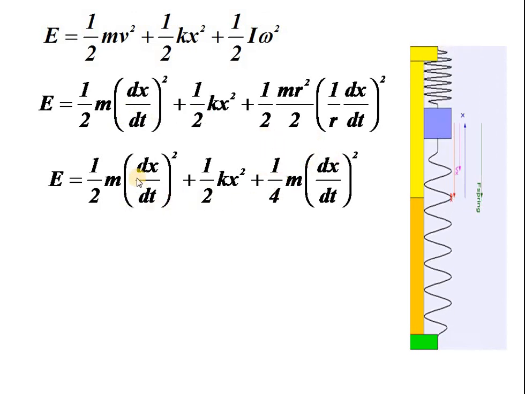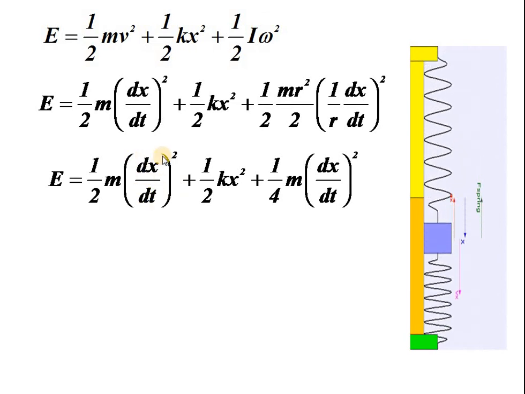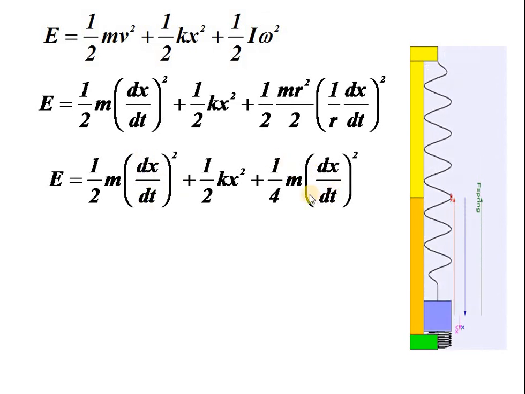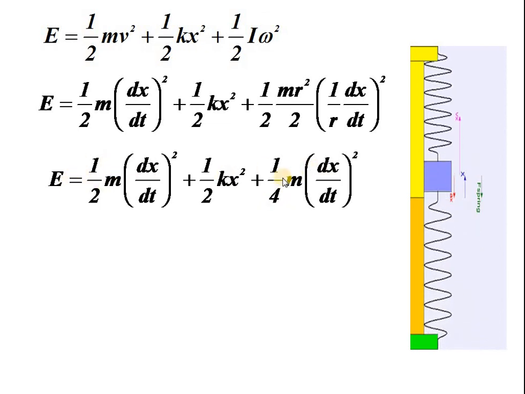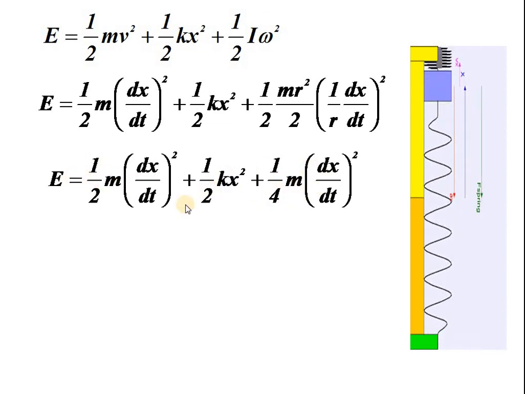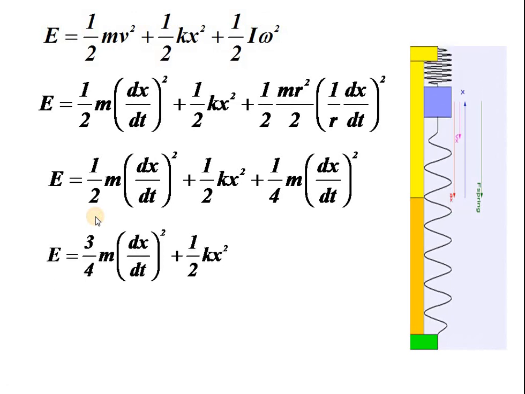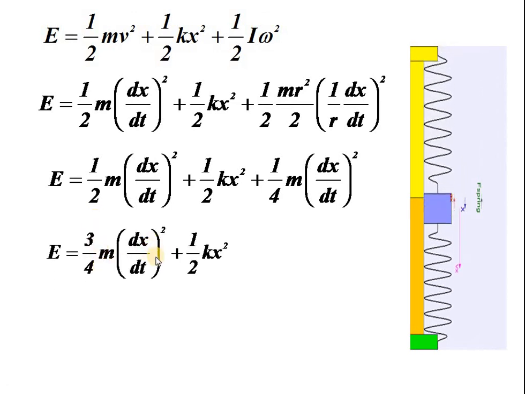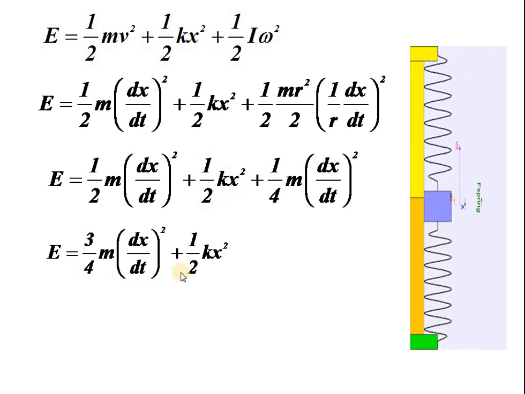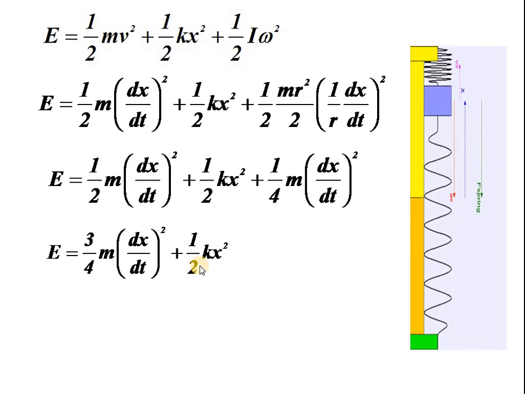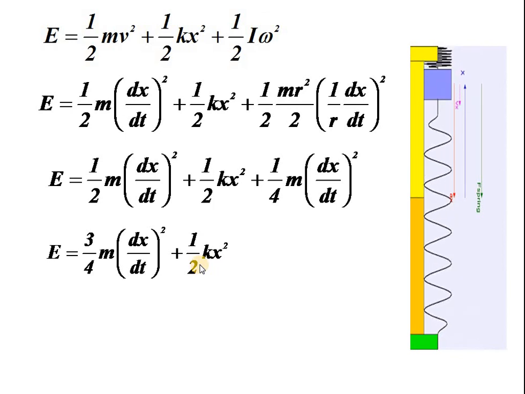So now we have dx by dt all square here and dx by dt all square here, and this is 1 by 4m, this is 1 by 2m. You can add these two together. So what we will get is 3 by 4m dx by dt all square, and the second term will be simply 1 by 2 kx square. So we got the total energy in terms of x.